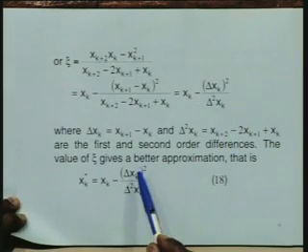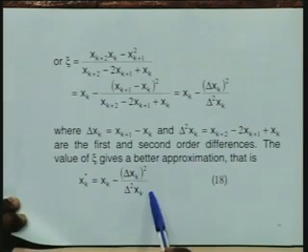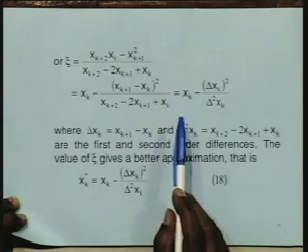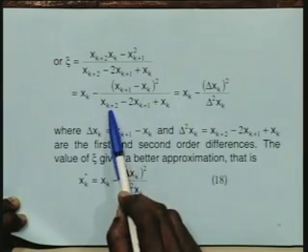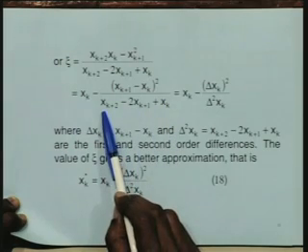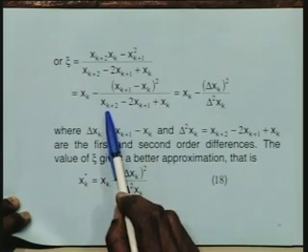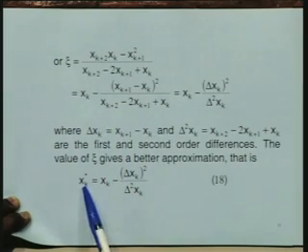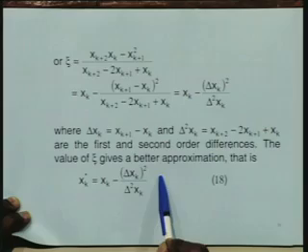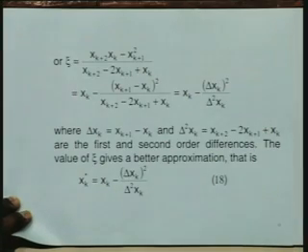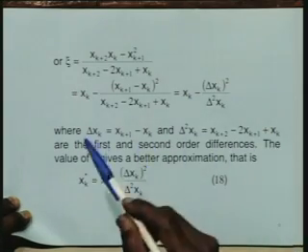Now, if I want to use this computation, I need 3 values first to start it, that is x k, x k plus 1, x k plus 2. Once I have 3 successive approximations, I can now build up a new value called x star k, which will behave as if the result has been obtained from a second order method, because as I explained earlier, we have eliminated a1.